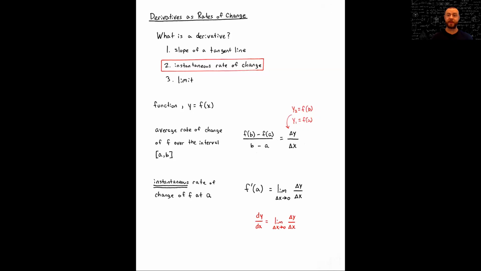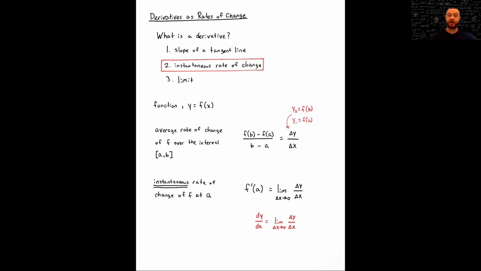So what we need to do is make that interval shorter. This was our approach with finding the slope of a tangent line where we introduced limits. So the idea was we saw a derivative, f prime of a, which we can define and write as the limit as delta x approaches 0. So that's above there in the average rate of change.